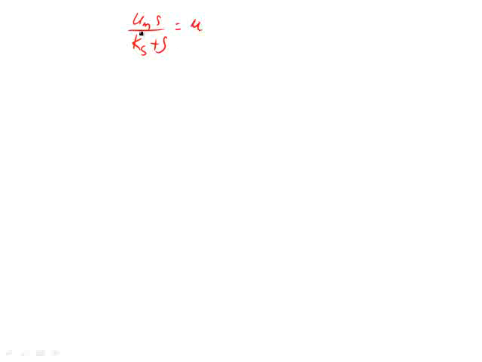Mu m S over Ks plus S is mu, and the mu is D. From here, mu m S is mu Ks plus mu S. So we want to derive for S. What is S?